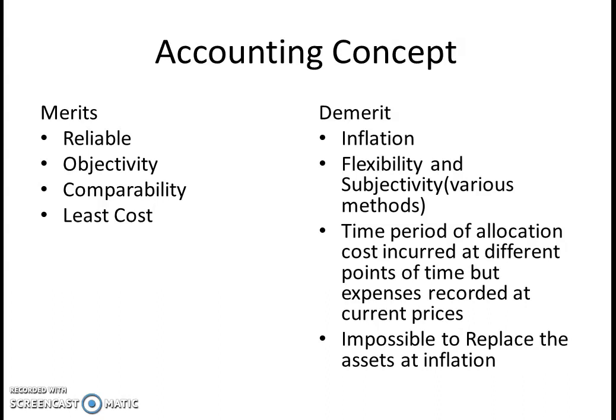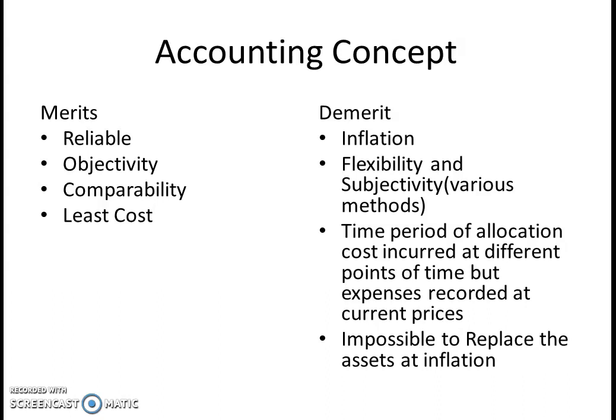What are the demerits? Inflation is not taken into consideration. Why? We all know, where do we take inflation in our P&L or balance sheet? We are not taking any inflationary values in the P&L. You're only taking the values which are actually being paid. Then, flexibility and subjectivity. Here one problem is that there are different methods.